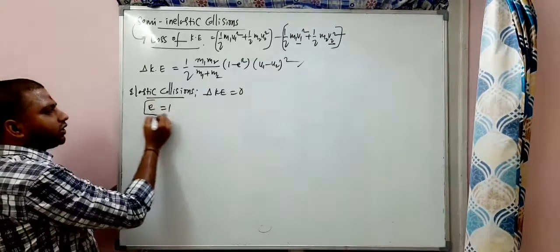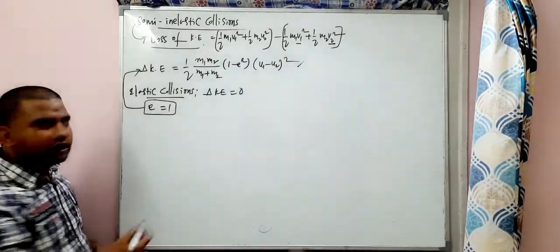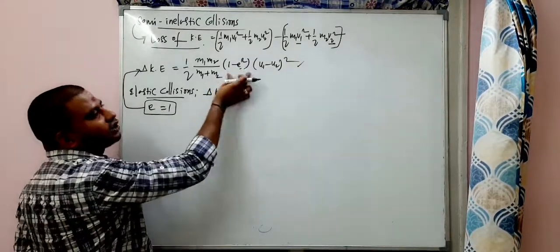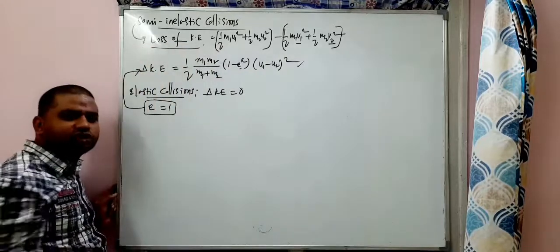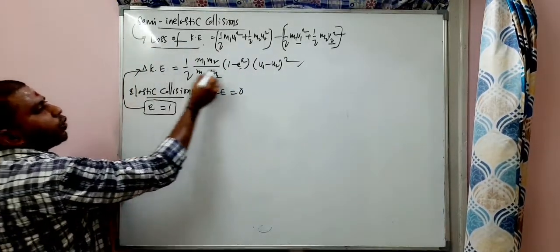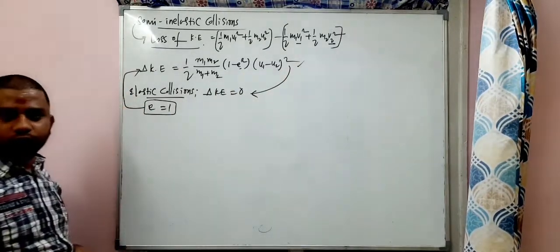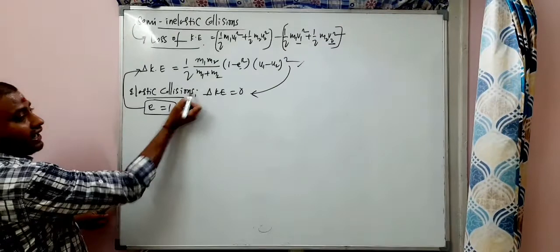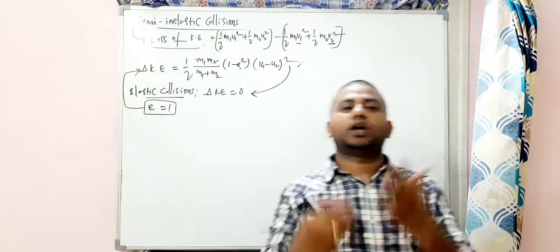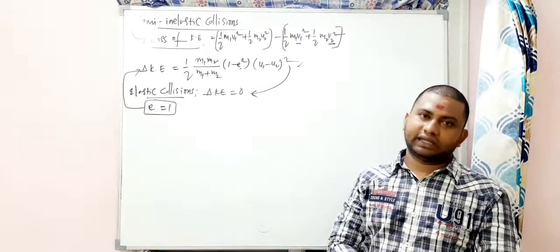When you substitute e value 1 in this expression, what happens? 1 minus 1 becomes 0, and 0 into everything becomes 0. Understand? So when you substitute e equal to 1, this complete expression becomes 0. So that is the reason elastic collisions have 0 loss of kinetic energy. In inelastic collisions there is a loss of kinetic energy.